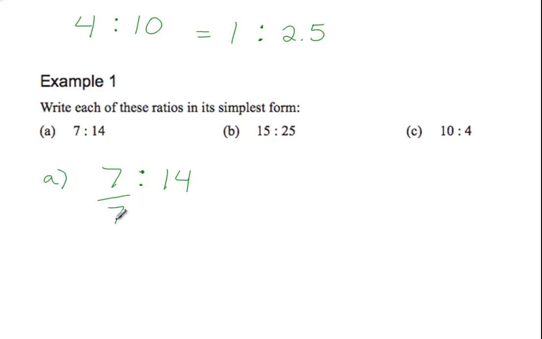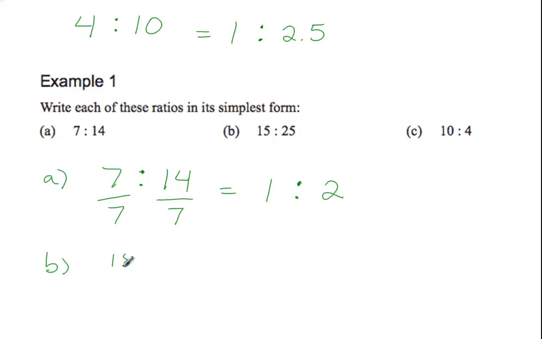And if we divide the left side by 7, then we divide the right side by 7, just like we do with algebraic equations. 7 divided by 7 is equal to 1, and that's why we did that. And 14 divided by 7 is 2. So 1 to 2 is an equivalent ratio of 7 to 14, and that's also the simplest form.